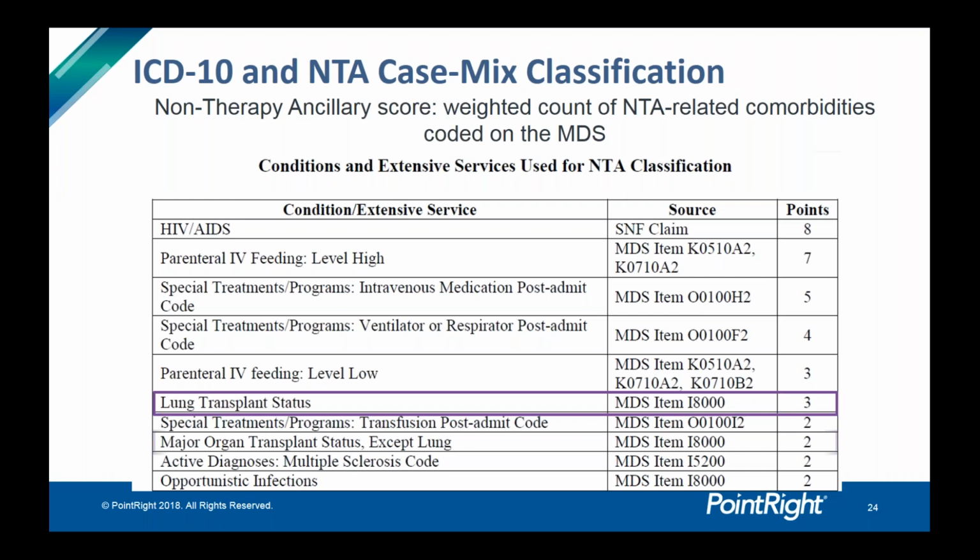You will see some comorbidities that are called out as MDS item I-8000. Those are the ICD-10 codes. So lung transplant, major organ transplant, opportunistic infection, those are all ICD-10 codes. But also notice that there are other diagnoses like MS right above there, I-5200. You have to check the box on the MDS to capture that comorbidity.